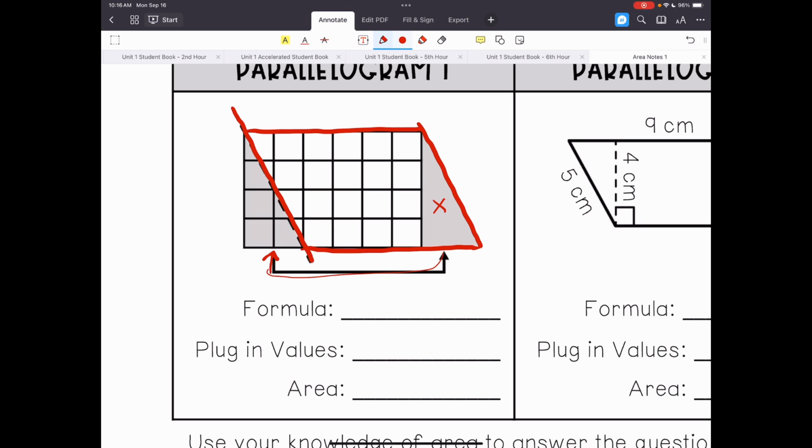We're still going to use the base times height formula, but we need to count the base out. 1, 2, 3, 4, 5, 6. So 6 is my base, and then 1, 2, 3, 4 is my height. So let's plug in those values. Area equals 6 is my base, multiplied by 4 is my height, for a total area of 24 units squared.